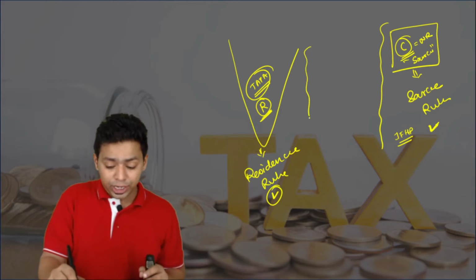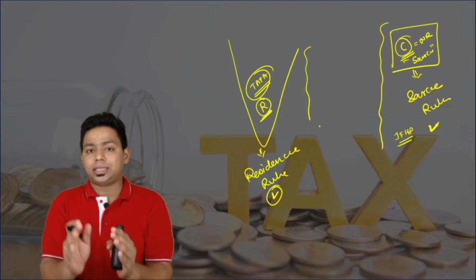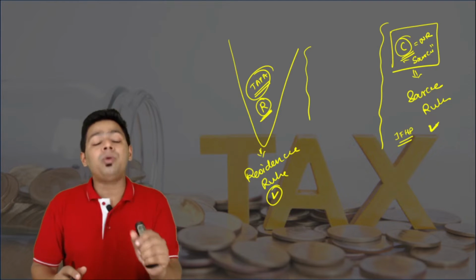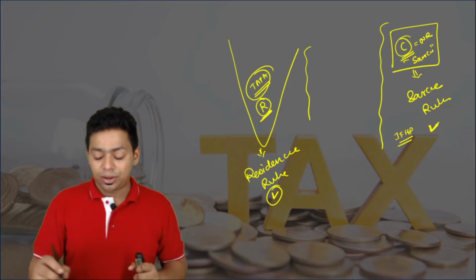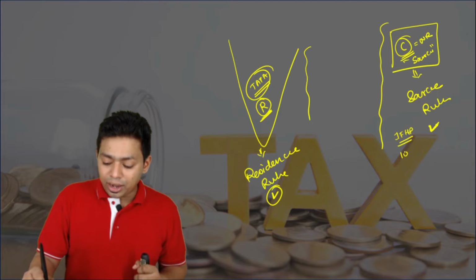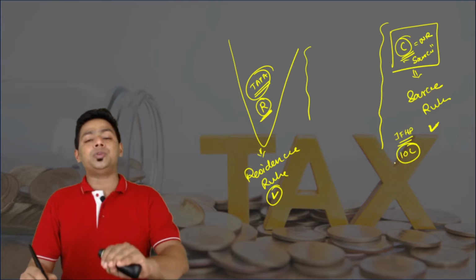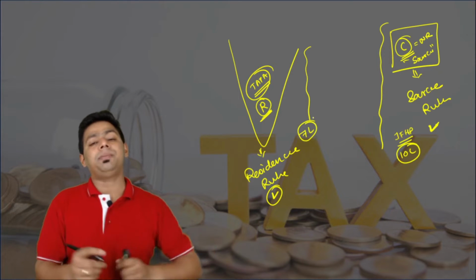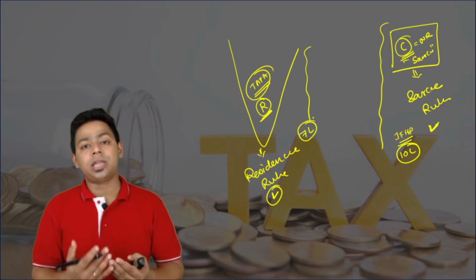What I am trying to say is, though the income is taxable in both countries, the amount of income may vary. It might happen that in Canada the whole 10 lakh rupees income from house property is taxable, but in India only 7 lakh rupees is taxable after providing 30% standard deduction.